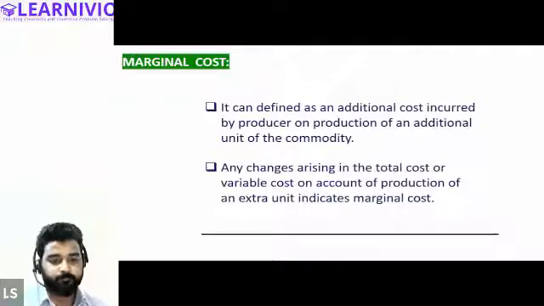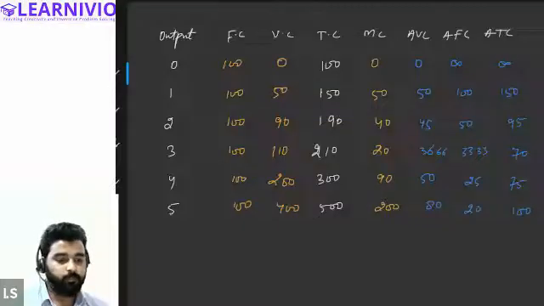Okay. So everyone, please note this down along with me. First of all, we will be taking the value of output. Let's take output as 0, 1, 2, 3, 4, 5, 6, and 7.